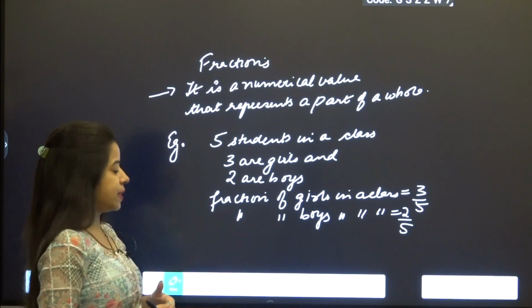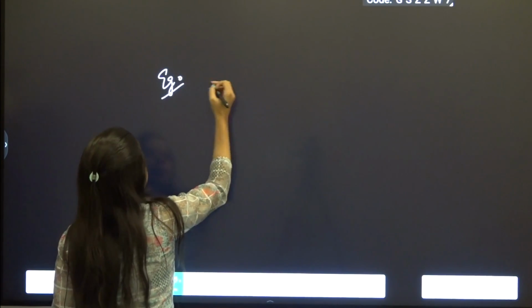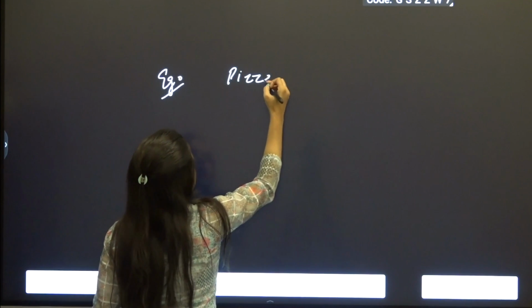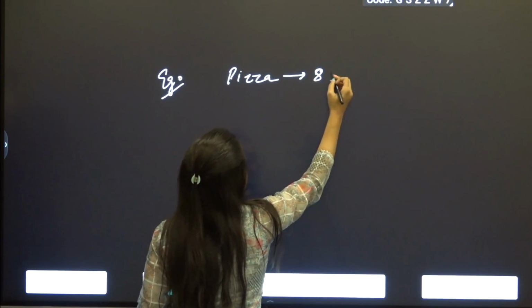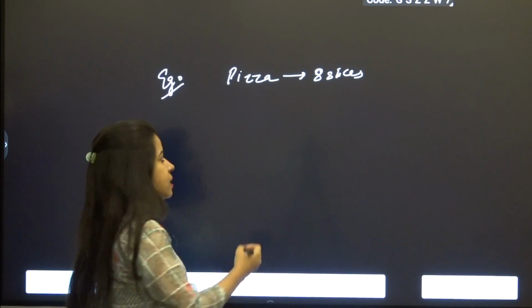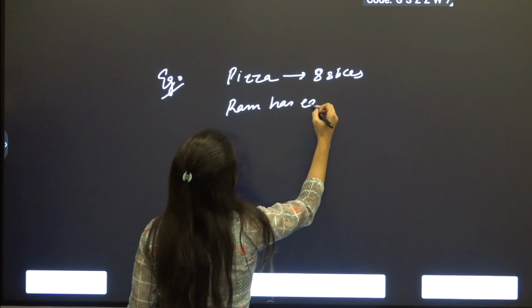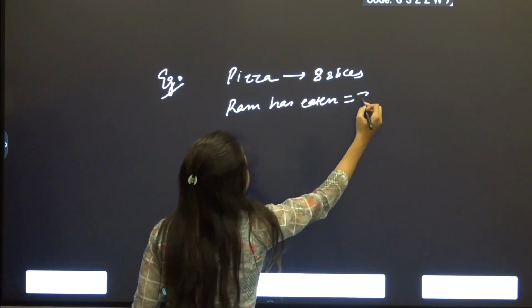Let's take another example. Say we have a pizza and it has 8 slices. Ram has eaten 3 slices.